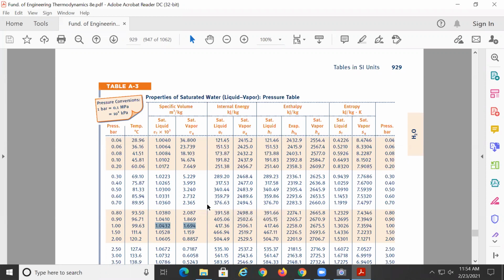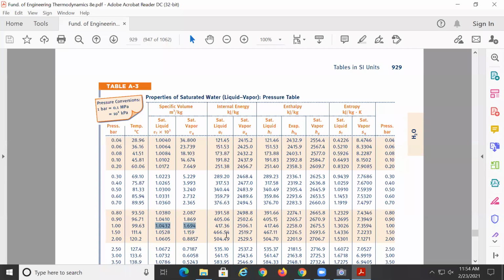It is gas, no? So that means that the quantity V sub F should be smaller than this. So what should be the quantity then? It's 1.0432 times 10 to the minus 3, no? So that means that this quantity has already been multiplied by 1,000. So you need to do 10 to the minus 3 because otherwise it will be bigger than this one. It makes no sense.